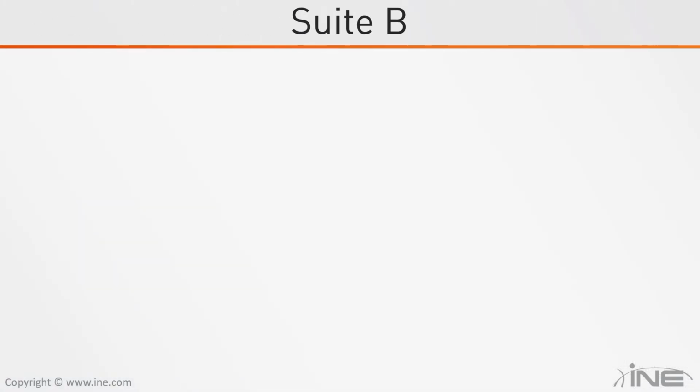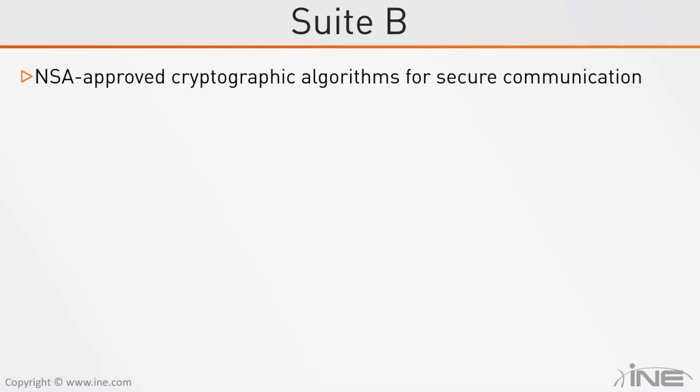Okay, so let's go ahead and talk about Suite B first, because Suite B, as we will see, is going to be used by next generation encryption, at least partially. Suite B is essentially a set of cryptographic standards that were selected by the US government, by the National Security Agency, for secure communication over untrusted networks like, for example, the internet.